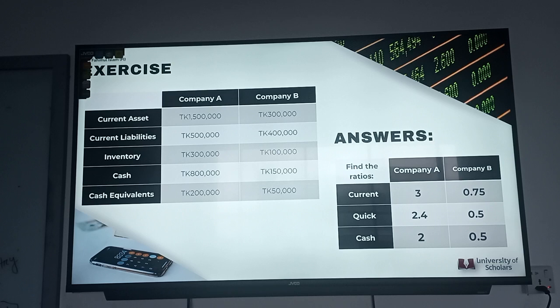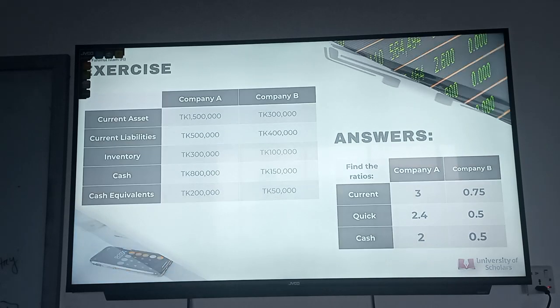Quick ratio below 1 indicates potential difficulties in meeting short-term liabilities, and cash ratio below 1, which is 0.5 in this case, indicates that the company does not have an adequate amount of cash in their hands to pay their debts or short-term liabilities. So they should increase their cash flows to improve the ratios.